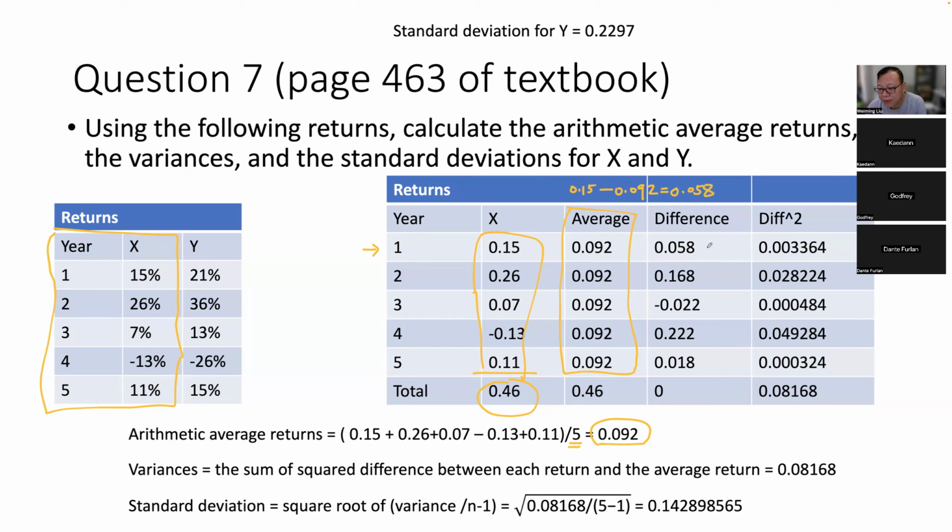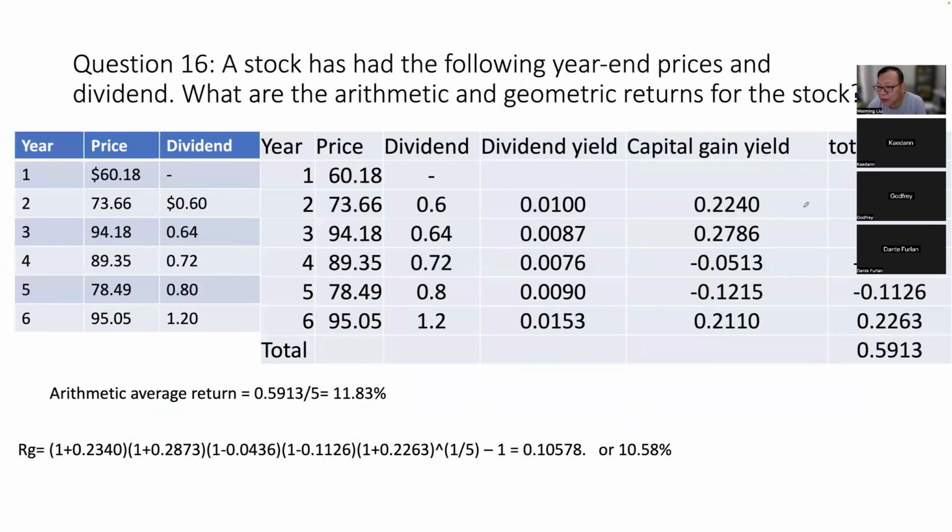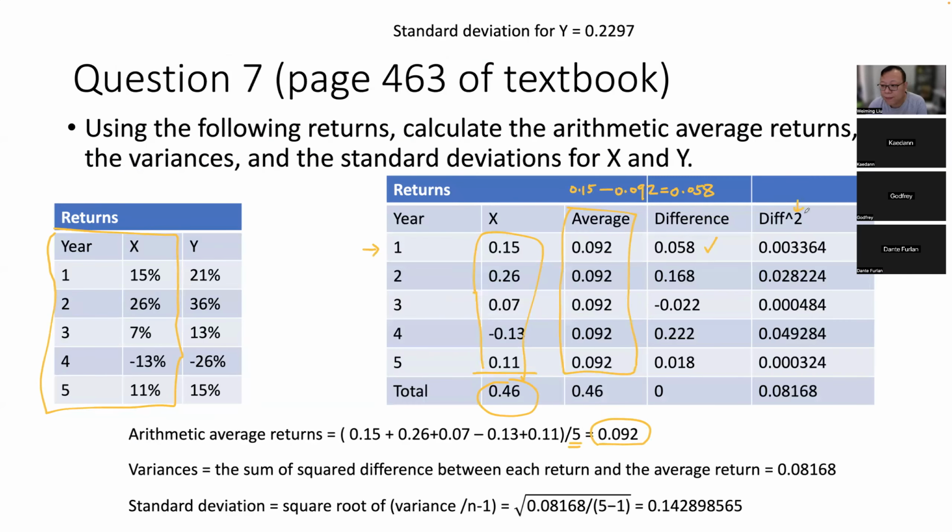Okay, so that's my result. And the next step, I will do a square here. 0.058, I do a square, so that equals this number. Okay, does this make sense?